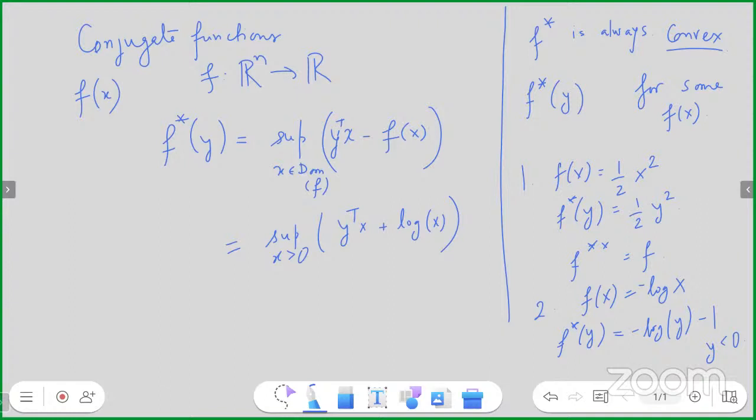So suppose y is negative. What is the optimizer? So clearly the domain of f star is... It will be optimized at y equals x, or 1 by x, or whatever.